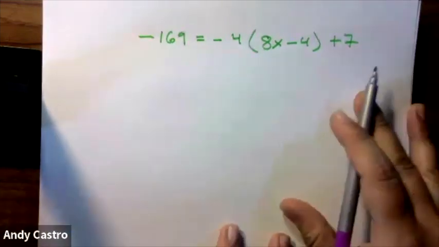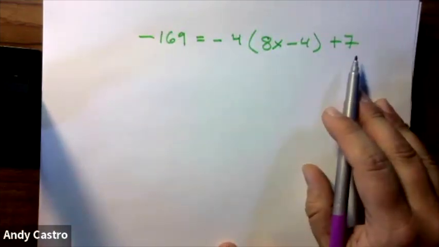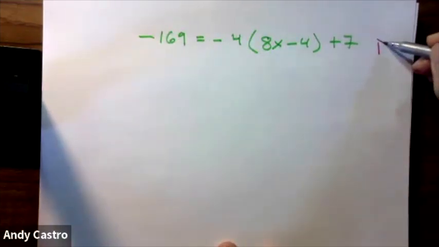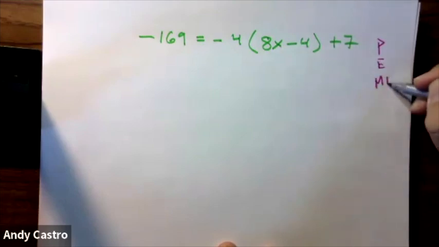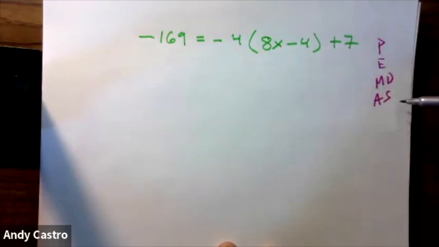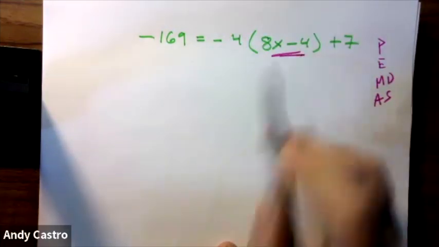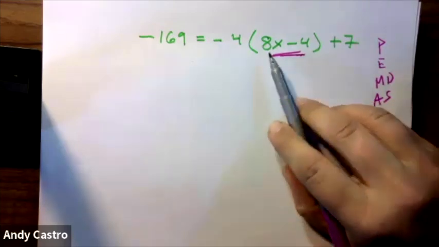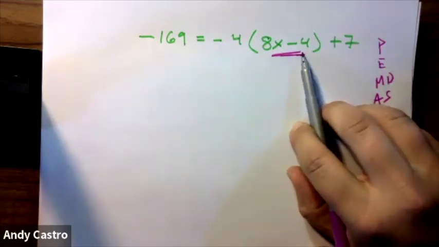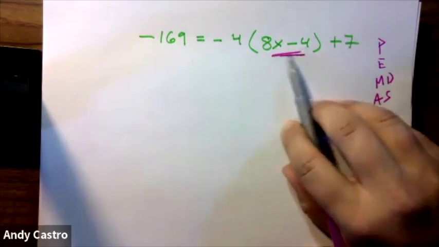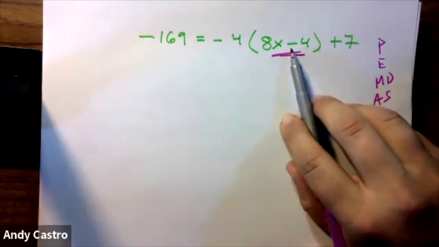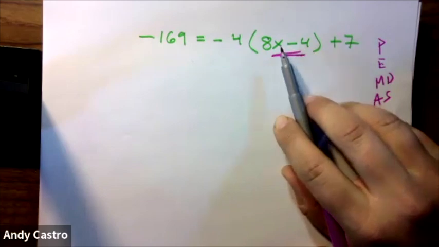All right, so here, remember that one of the things we can keep in mind is we are going to utilize the order of operations, right? So we want to look inside this parentheses first. And what we can see is that we have the 8x minus 4. However, I can't just combine those two because they're not, as we talked about last week, like terms.